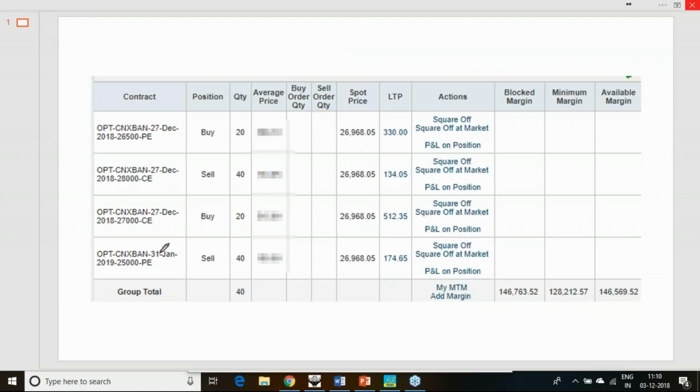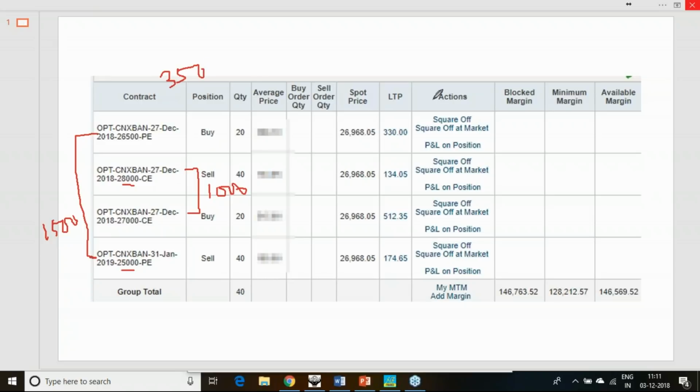I have created a 1,000 point depth on the call side, and I have created a 1,500 point depth on the put side. So at the termination points, like 28,000 or 25,000, theoretically I'll be making 300 to 350 points of profit.